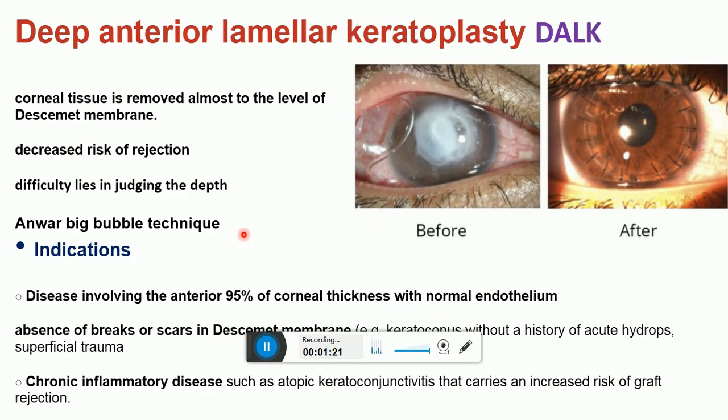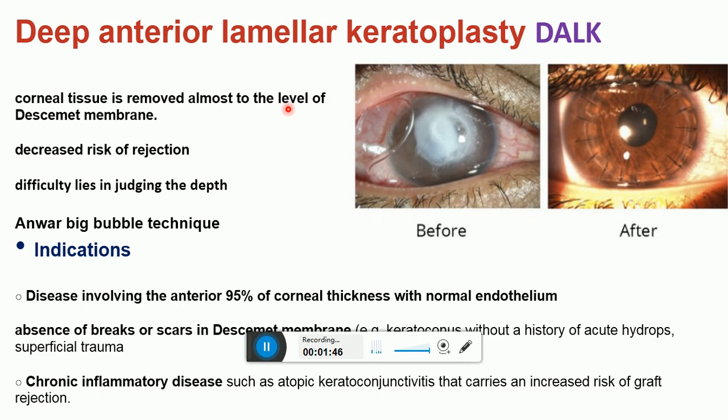The next type is deep anterior lamellar keratoplasty. It is a technique in which corneal tissue is removed almost to the level of Descemet's membrane. A theoretical advantage is the decreased risk of rejection, because the endothelium is a major target for rejection and endothelium is not transplanted in this type of keratoplasty.